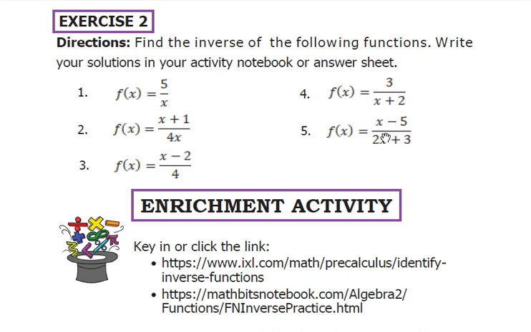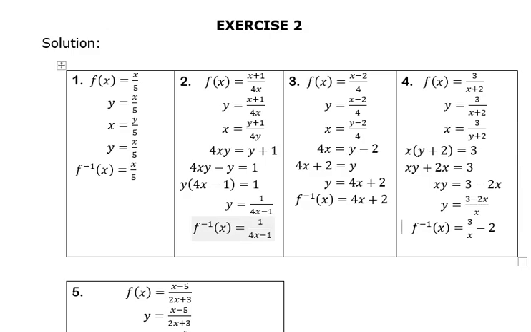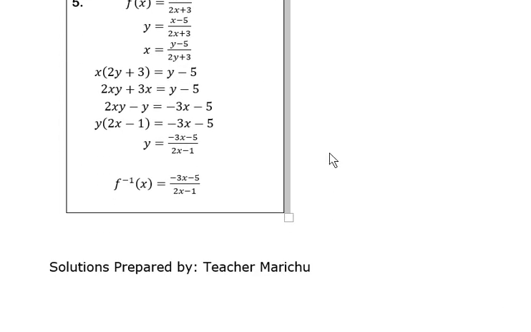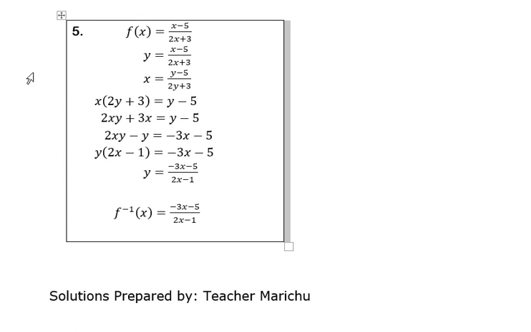Moving on to number 5. f of x equals 2x minus 5 all over 2x plus 3. For the solution, that becomes now y equals 2x minus 5 all over 2x plus 3.